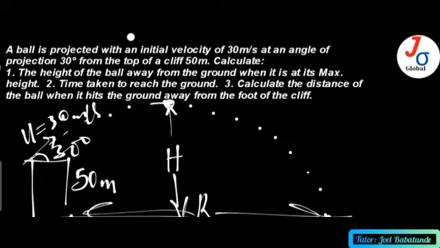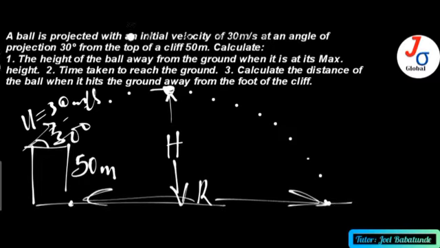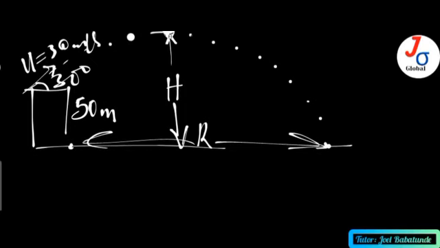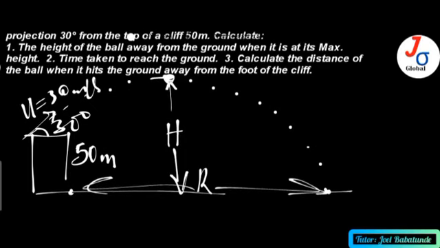All right, so let's solve this question. It's kind of complicated, but you just have to take it little by little. Now, as you can see, I'm going to divide this diagram into two. So this is the height, so this is 50 meters.